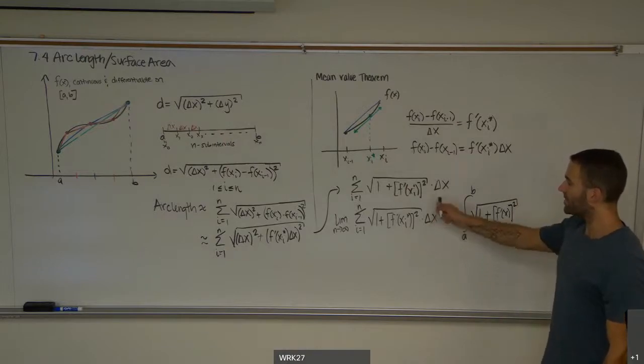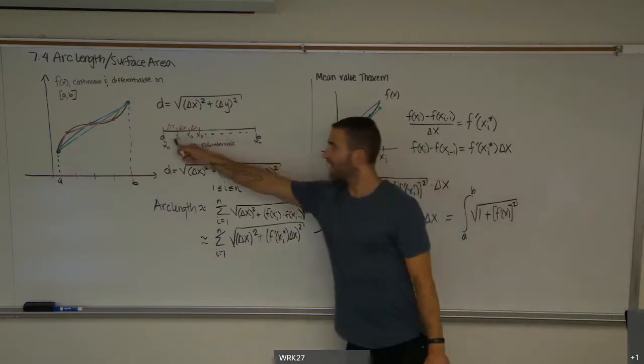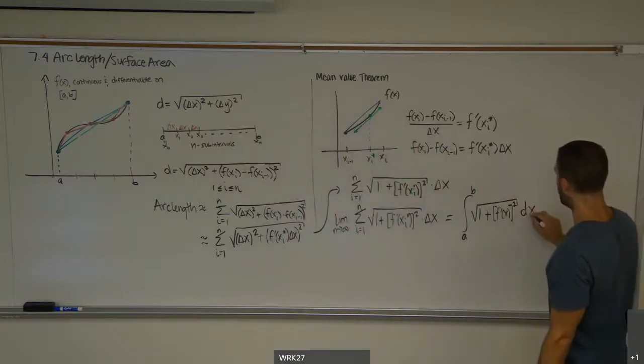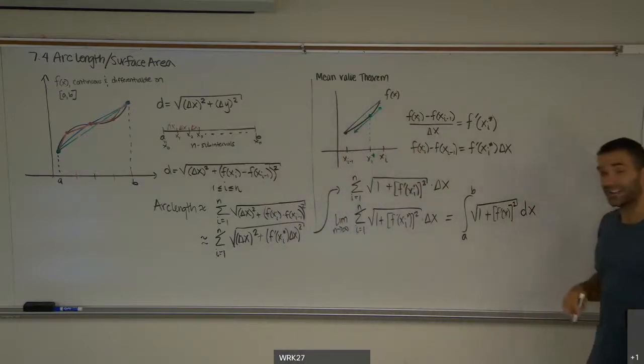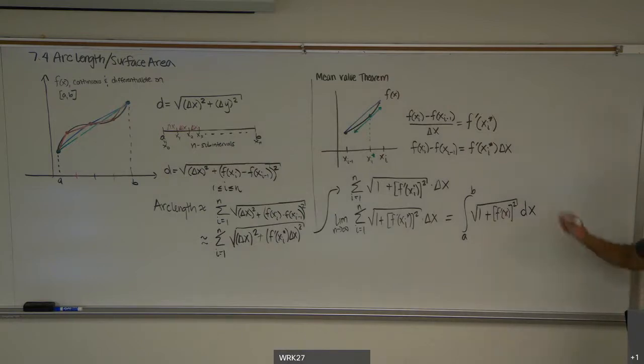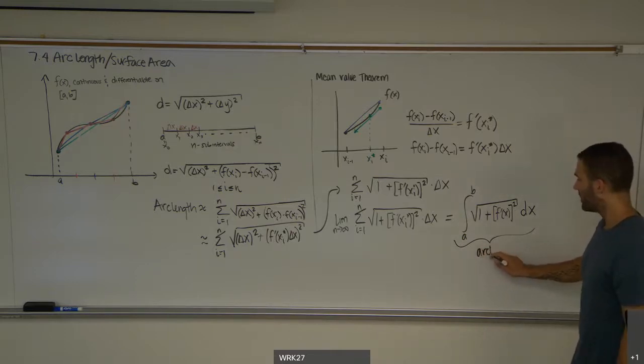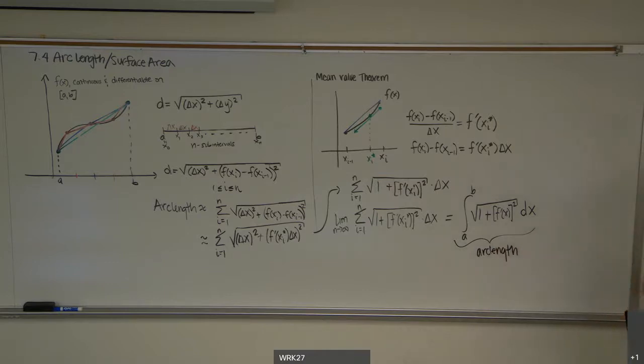And delta x, remember, is our fixed distance in the x direction, the subintervals that are now infinitesimally small. Rewrite that in the Latin letter now, dx. And we see we have generated a definite integral in order to measure the arc length, the length of a curve. And so this is the formula now that we will use to measure the length of a curve.